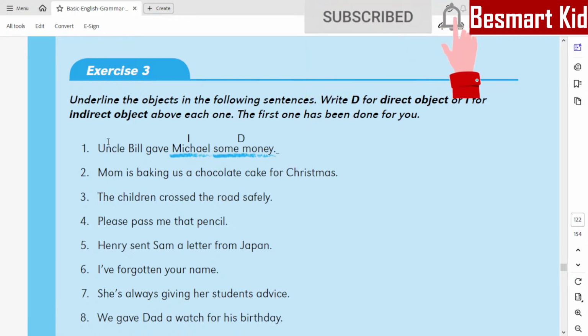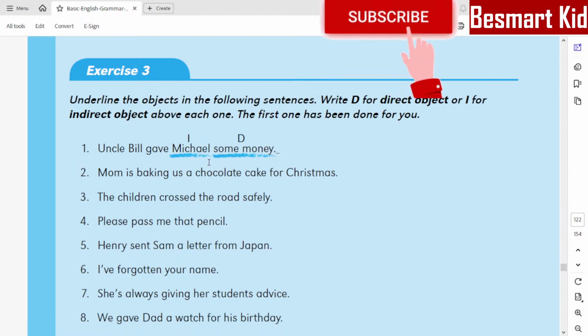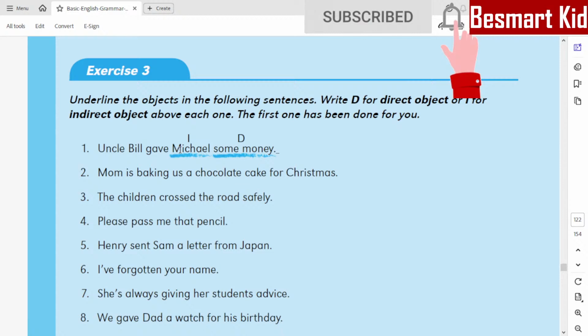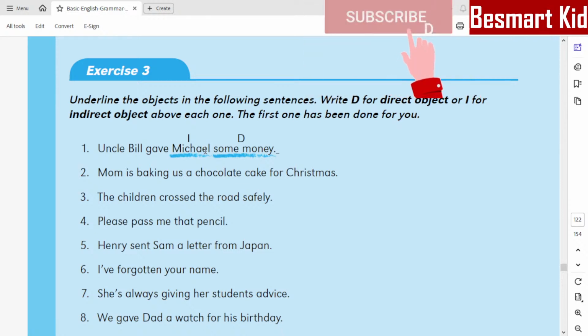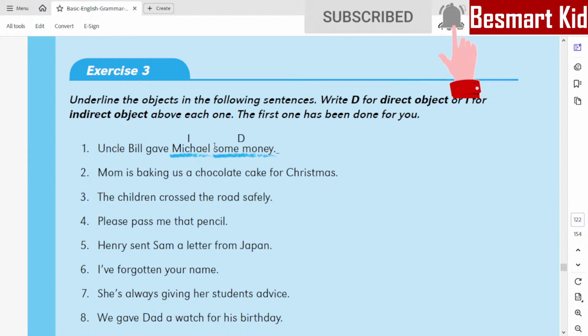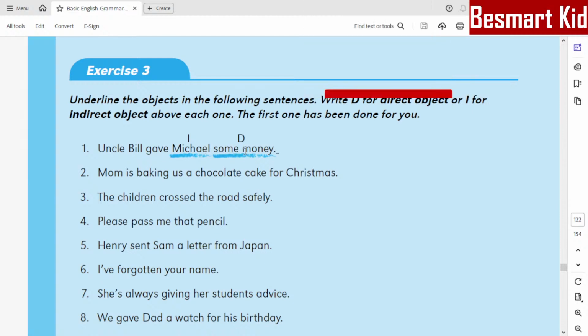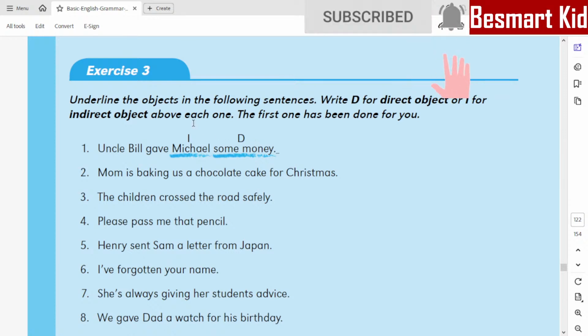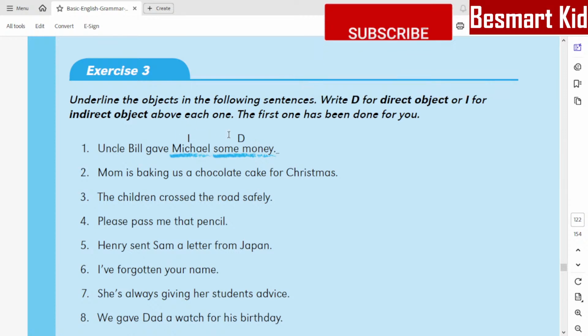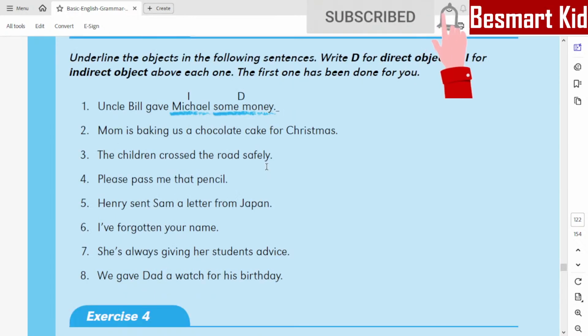First, Uncle Bill gave Mikhail some money. Here Mikhail is the indirect object and some money is the direct object. So we put I and D: I for indirect and D for direct.